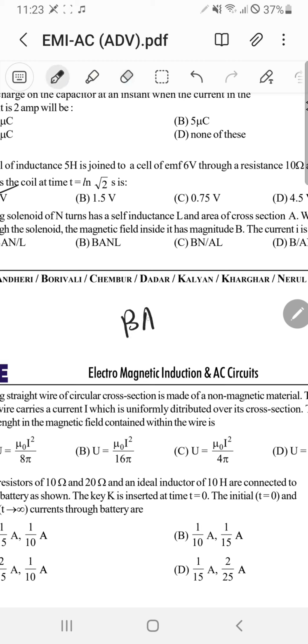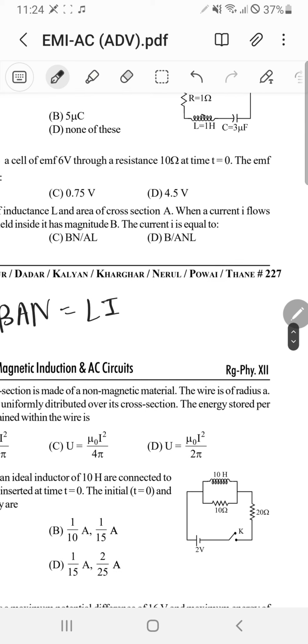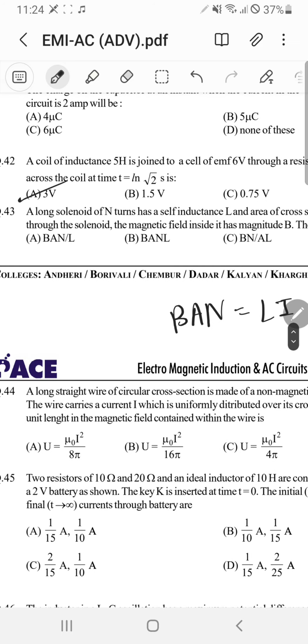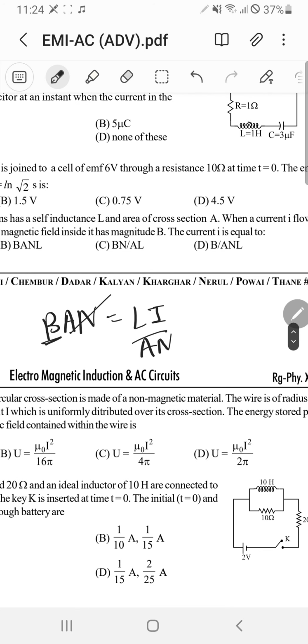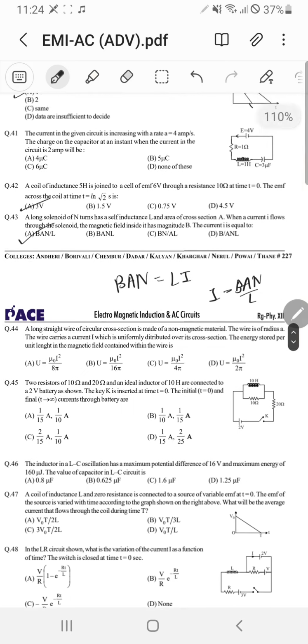Yeah, this is actually correct. BAN equals LI. That's better. Now what do we want? We want the current, sorry. So I is BAN upon L. Which option is that? This option.